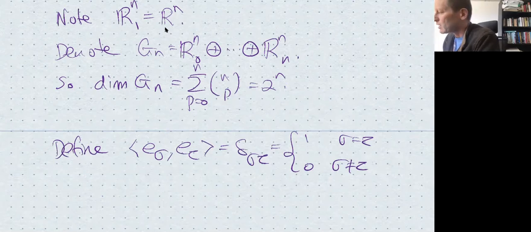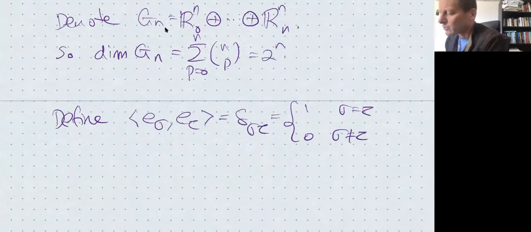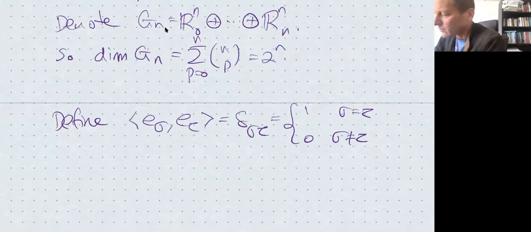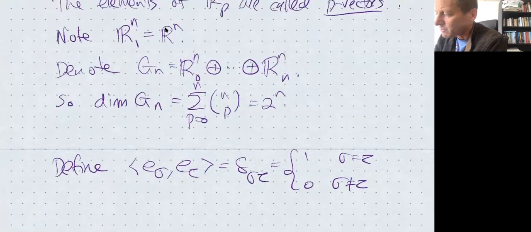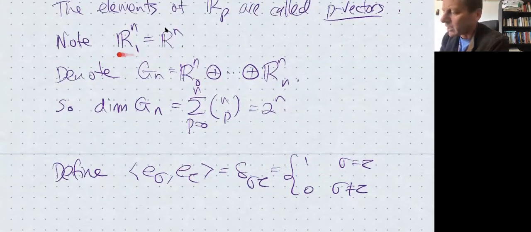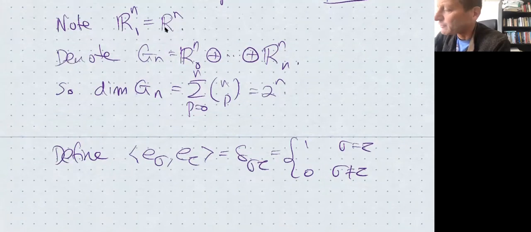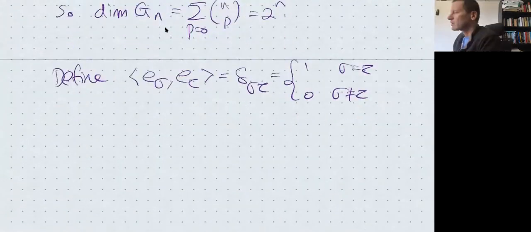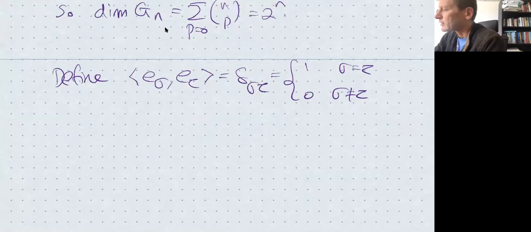It's forced to make the vectors orthonormal, and you see that it coincides with the inner product that we already have if we restrict it to Rn1, to the initial subspace of one vectors, it's just the original inner product, because the EIs were orthonormal with respect to the standard inner product.